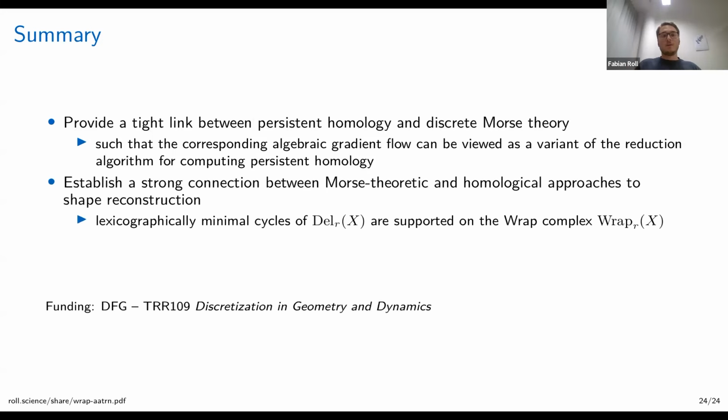And the second thing we learned is that these general insights can be used to establish a strong link between Morse-theoretic and homological approaches to shape reconstruction. And more concretely, what we prove is that the lexicographically minimal cycles of a Delaunay complex are supported on the corresponding wrap complex. And with that, I'm done. Thank you very much.